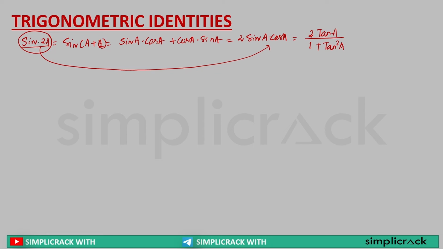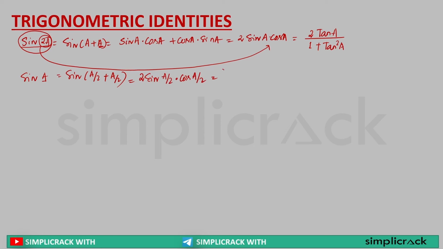Now if in case of sine 2A it is written as sine A only, then what? See, sine A means what? Sine of A by 2 plus A by 2. Yes or no? Yes. That means the answer will be 2 sine A by 2 into cos A by 2.